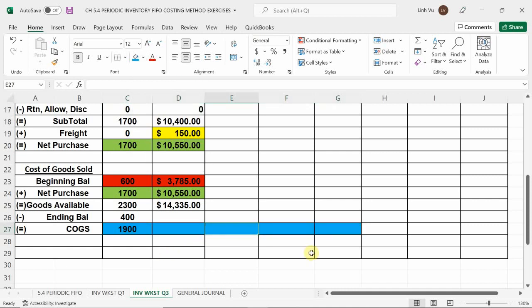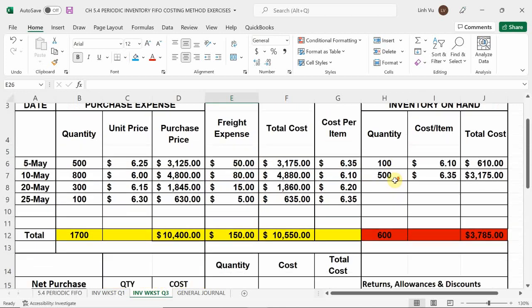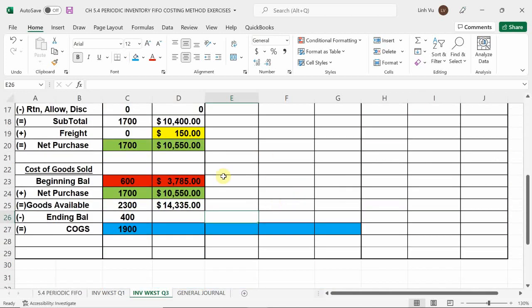Okay? So if you want to, you can do a separation. So I have a total of 6 batches of inventory. Okay, so I'm going to make my table here, call this my cost of goods sold.